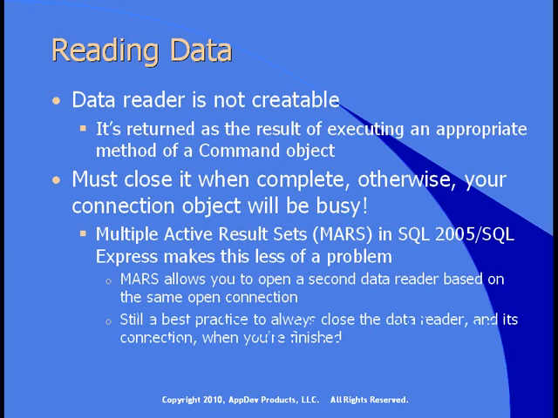It's still a good idea to always close a data reader and its connection when you're finished with it, even though newer versions of SQL Server make it possible to work around this limitation. It's like anything else in life. If you're done with it, put it away. It makes things much more efficient in your programming practices. Let's try a demonstration of working with the connection, command, and data reader objects.